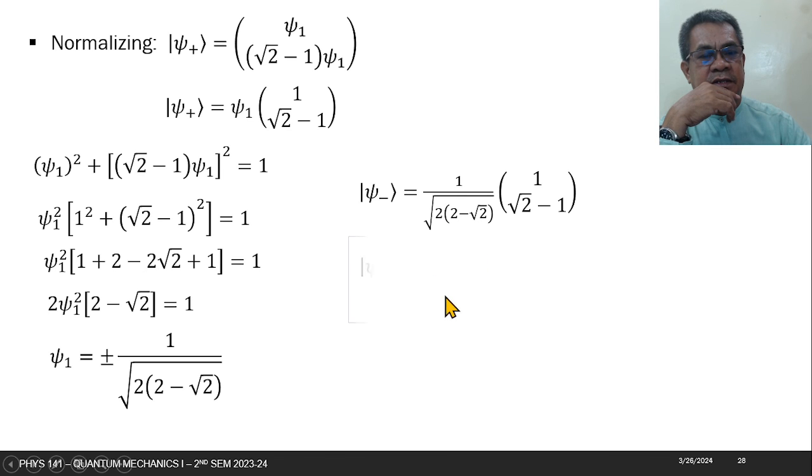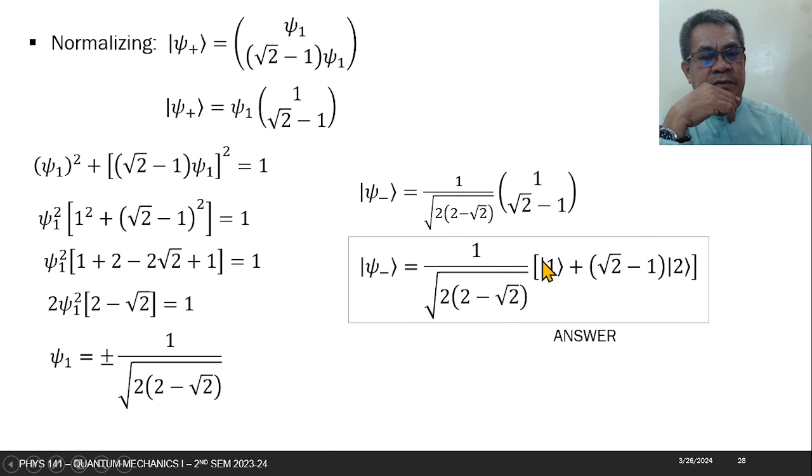So we have this 1 times state 1 plus this coefficient times state 2. By the way, sorry, this should be plus.